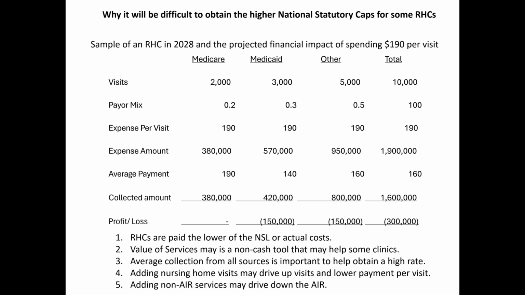There's 150,000 here. We can use that to help get your cost per visit up without spending cash. And then your average collection from all other sources is important to obtain a higher rate.